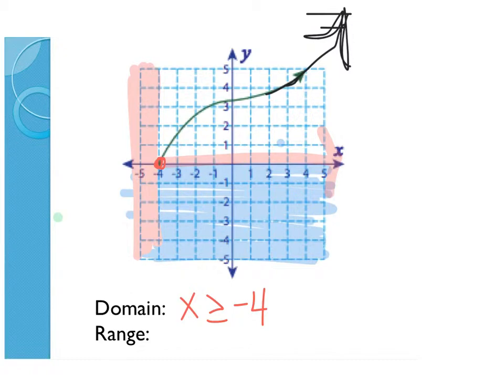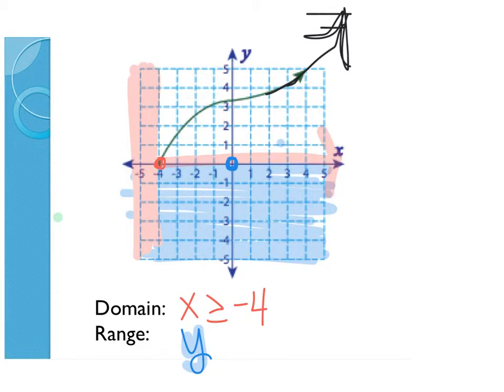Now this is the one that messes people up all the time. This range right here. Okay, look at your y-axis. What's the smallest number on the y-axis that you hit? Zero. Is 0, right? You go all the way up here.